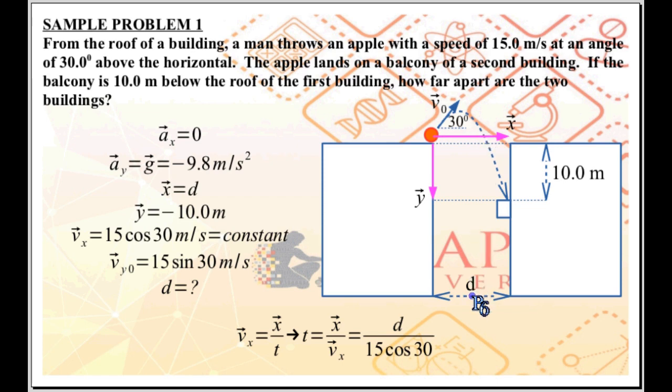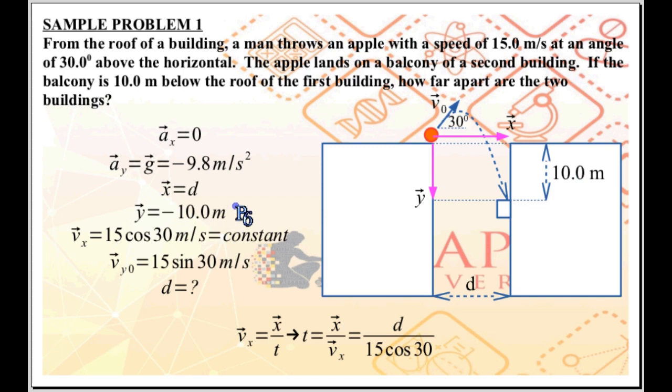The magnitude of x is the distance D, in the positive direction, therefore x is equal to positive D. On the other hand, in terms of the y component, in terms of vertical motion, we have the initial position and the final position. The displacement is y, vertically downwards, with a magnitude of 10 meters. Therefore, y is equal to negative 10 meters.